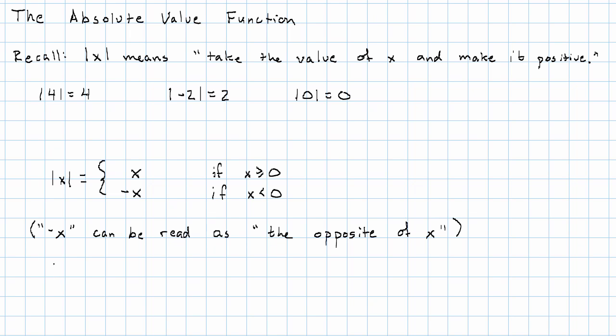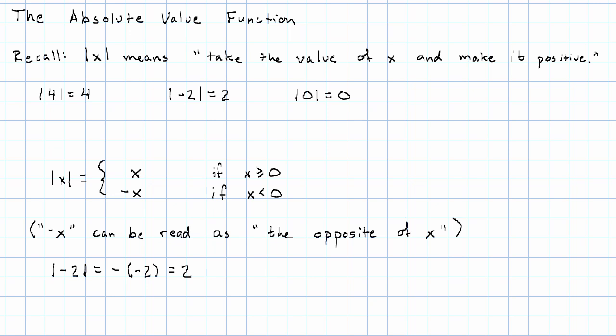In other words, if I want to take the absolute value of negative 2, that means I take the opposite of negative 2, which is a positive 2. It feels a little bit weird to write that with a negative sign, but remember that that just means take the opposite. When we take the opposite of something negative, we get something positive.